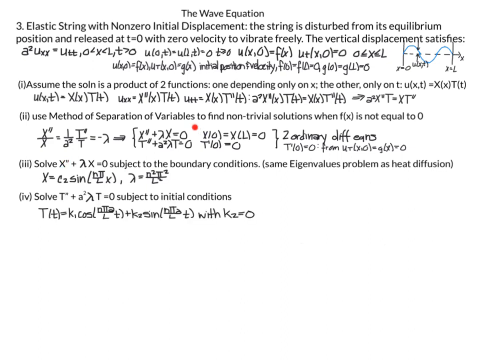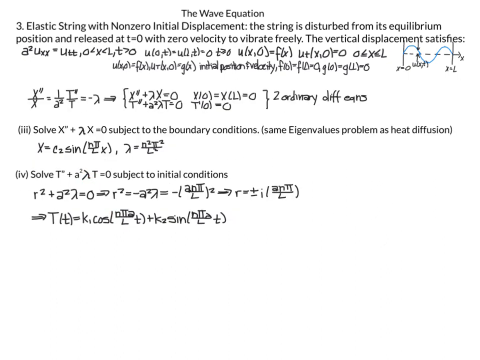Next, we need to solve our second ordinary differential equation for t. So we have t double prime plus a squared lambda t equals 0. And the lambda we're going to use is this lambda here, because really it's the same lambda. Solving this, our characteristic equation is r squared plus a squared lambda equals 0, which is r squared equals minus a squared lambda.